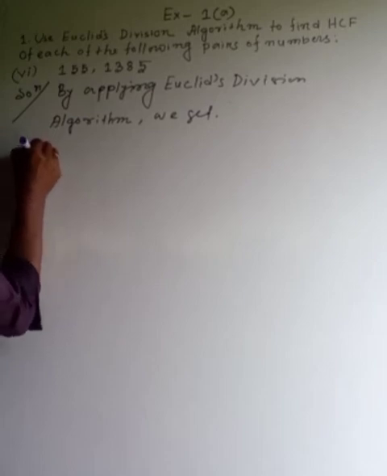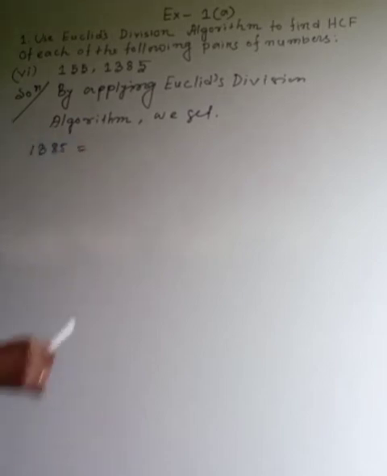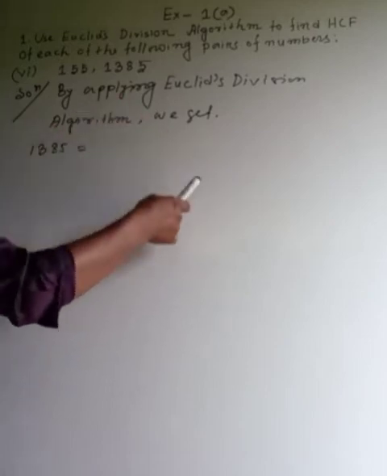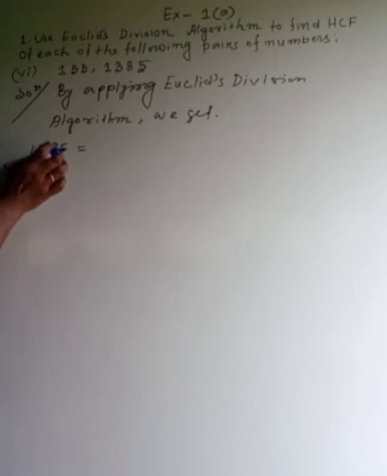So we write 1385 equal, because this is the dividend. What was the formula? Try to remember. Dividend equal to divisor into quotient plus remainder.